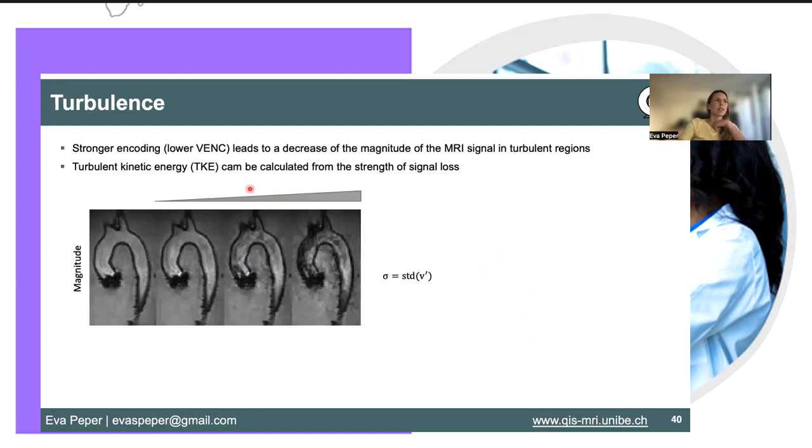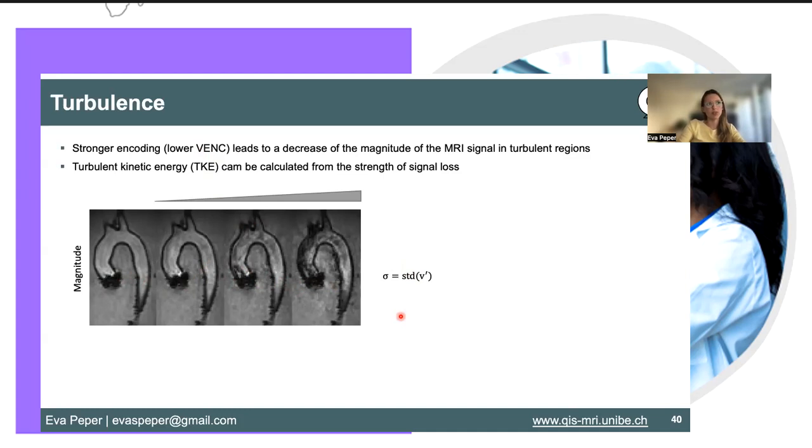If we increase our encoding strength, which is a bit unintuitive, meaning you have a lower VENC, then regions right after the aortic valve, in which we would observe turbulence, first of all have a signal loss because of the turbulence, and this becomes stronger with a higher encoding strength. So we can encode the turbulence in our signal itself, and that's what you can measure.